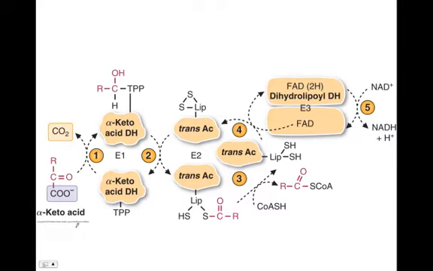This is a general schematic of the alpha keto acid dehydrogenases. In the case of pyruvate, R is a methyl group. In this first step, pyruvate loses carbon dioxide, and the remaining two carbons are covalently bonded to thiamine pyrophosphate.